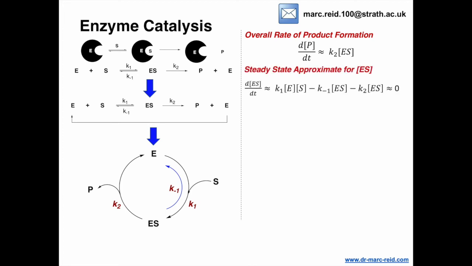We then apply the steady state approximation that we learned about in Lecture 1 with a slight twist. In Lecture 1, we learned that we can apply the steady state approximation to cases where the rates of formation and decay of the intermediate are such that the concentration of the intermediate is approximately constant over the course of the reaction.